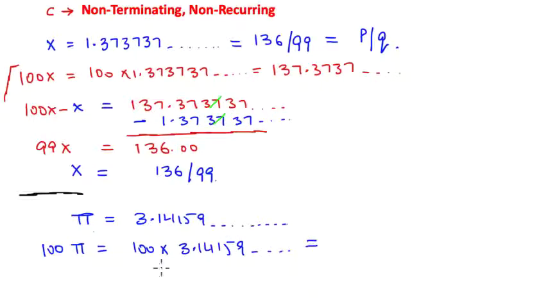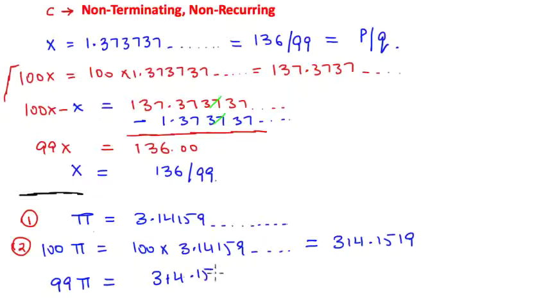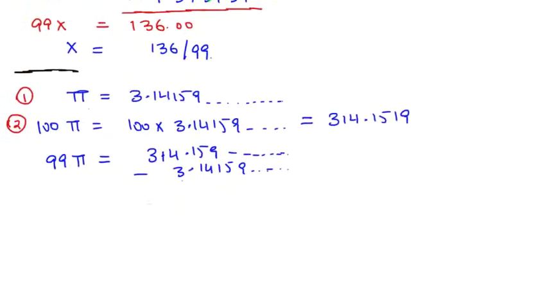With this multiplication by 100, it can be written as 314.159 and so on. So you will say that just like what we did here, what if we were to subtract the first number from the second, then we will obtain 99 pi on the left hand side, but the right hand side will contain 314.159 minus 3.14159 and so on.